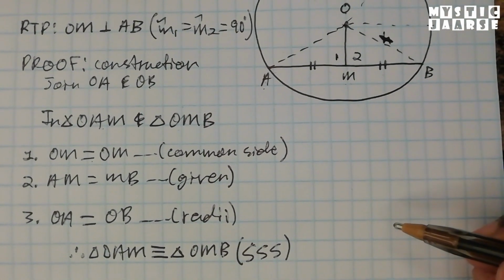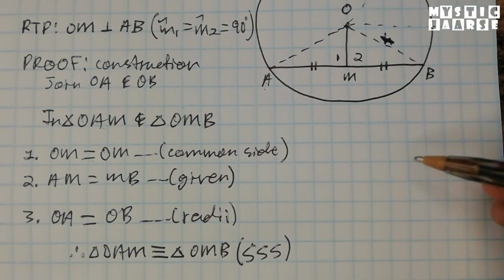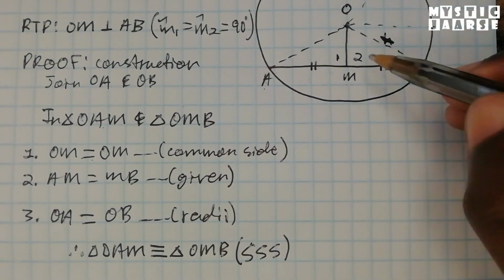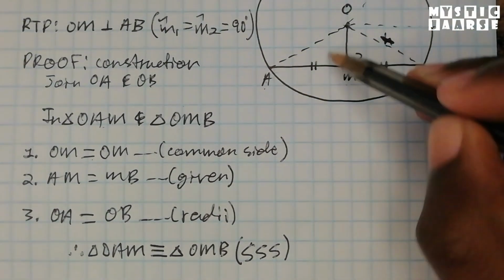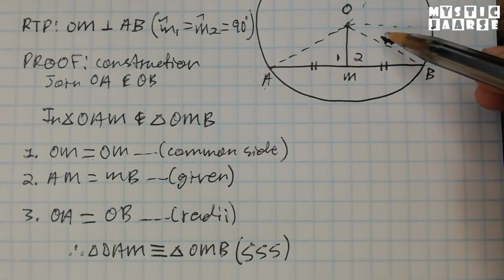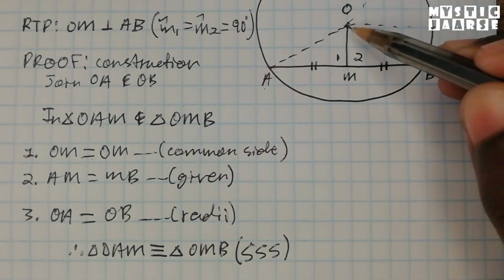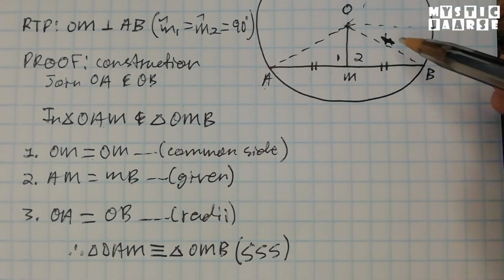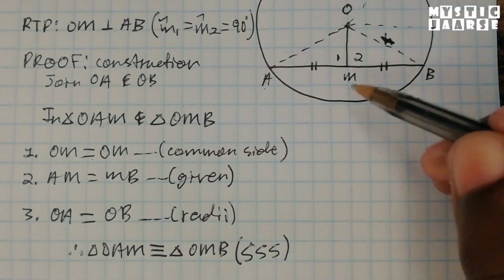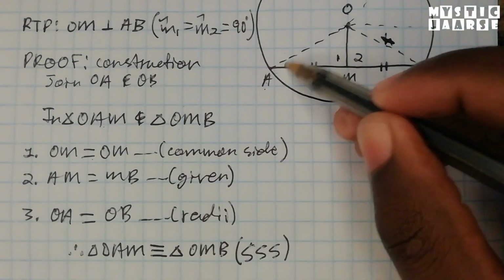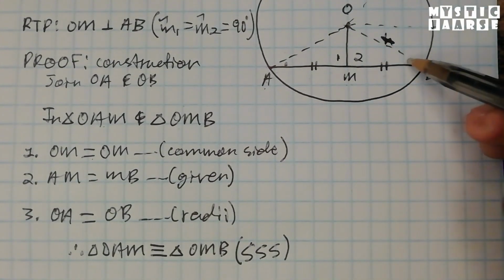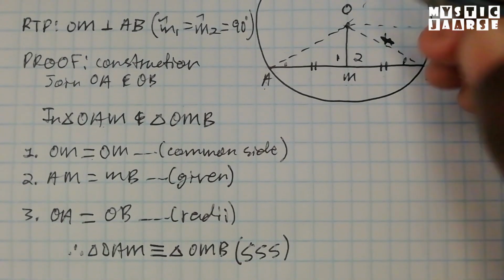Now, when two shapes are congruent, or are exactly the same, that means all the sides of this triangle are correspondingly equal to all the sides of this triangle. Meaning, even with angles, this angle of this triangle is equal to this angle of this triangle.